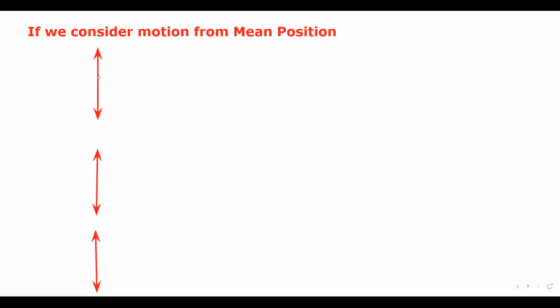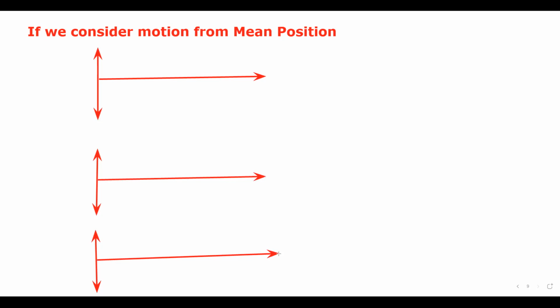If you know displacement time, you can find the velocity time. From velocity time, you can find the acceleration time. So here, for example, displacement time, then we want to sketch a velocity time, and at the last we want to sketch acceleration time. And we start to observe the motion of an object from the mean position.